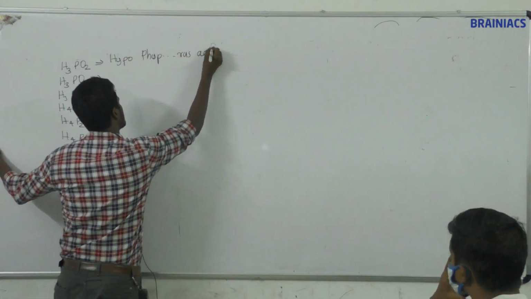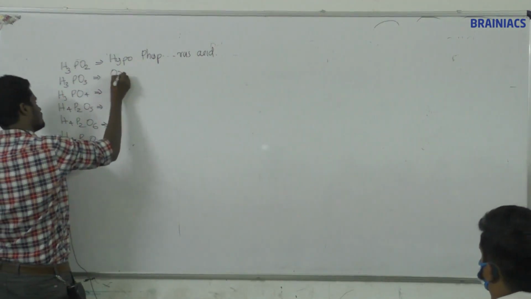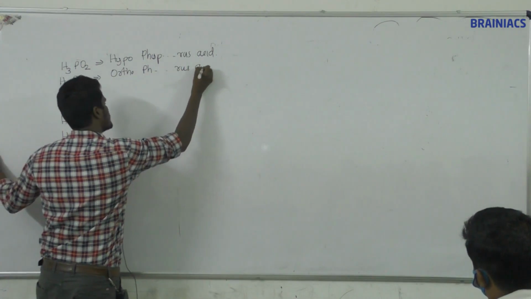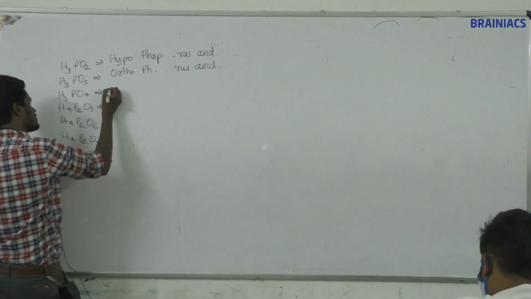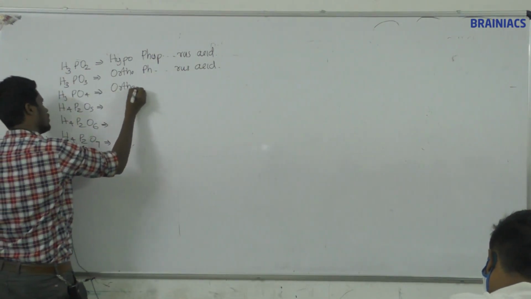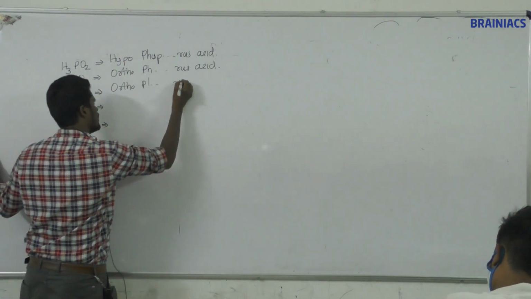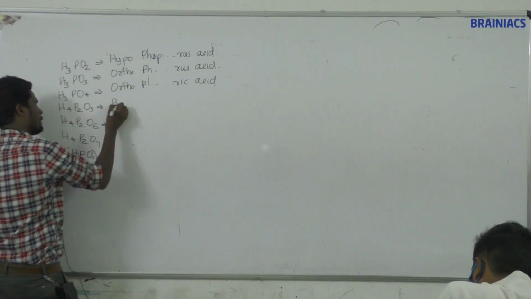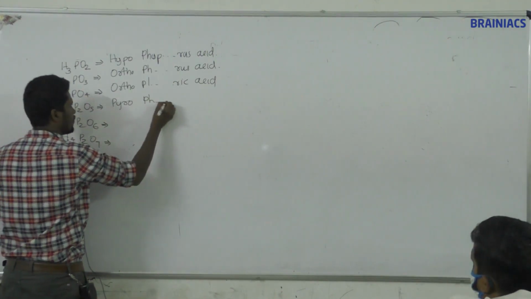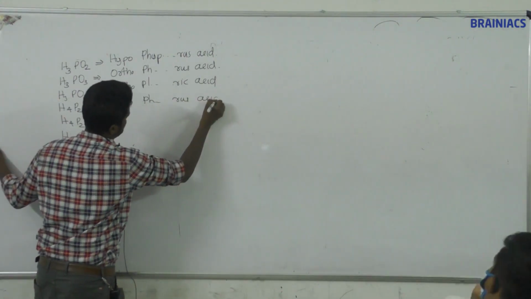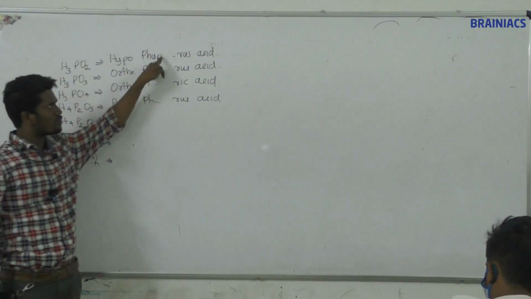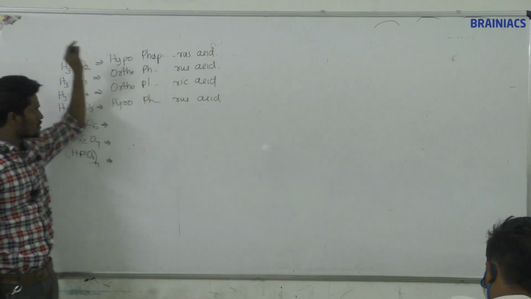So this is hypophosphorous acid. So what is H3PO3? Orthophosphorous acid. So what is H3PO4? Orthophosphoric acid. So what is H4P2O5? Pyrophosphorous acid.